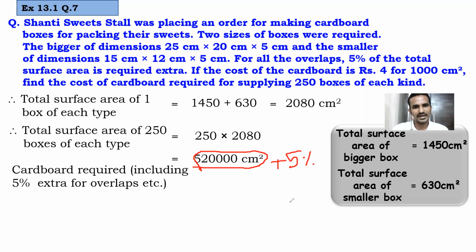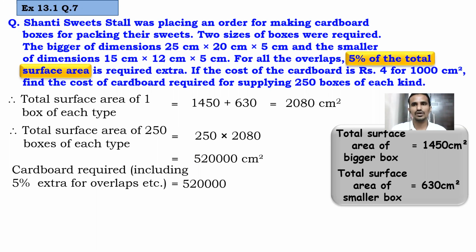Cardboard required, including 5% extra, will be equal to 5,20,000, the actual cardboard which will be used, plus the additional 5% of total surface area. Adding 5% of 5,20,000.